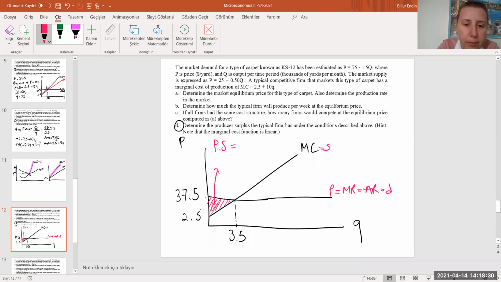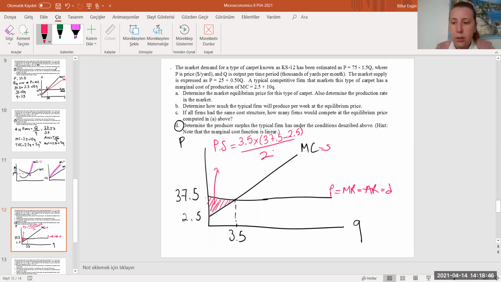So how can we find that? 3.5 times 37.5 minus 2.5 over 2.